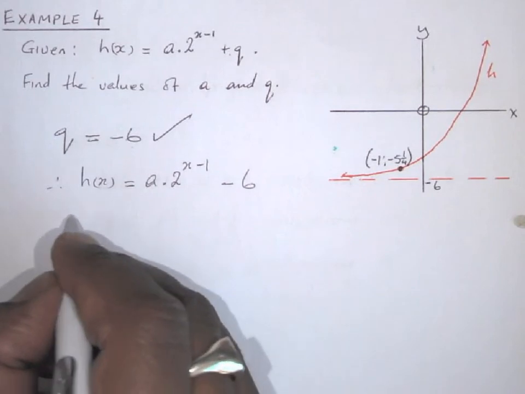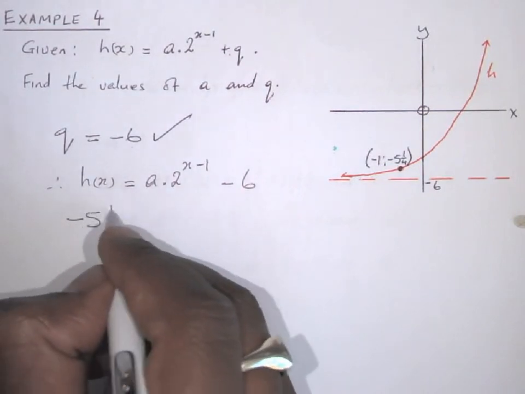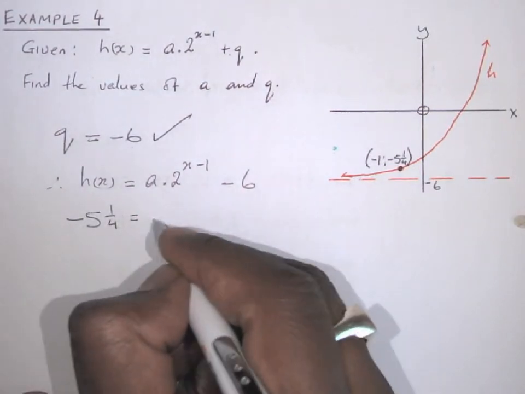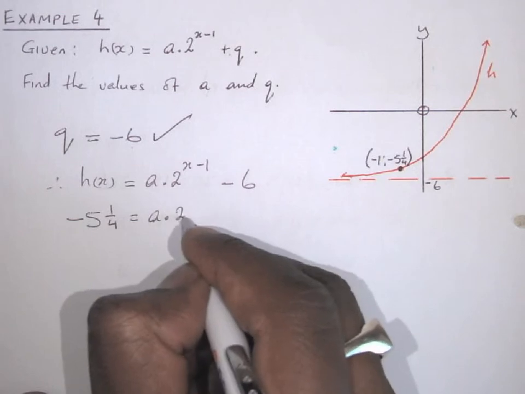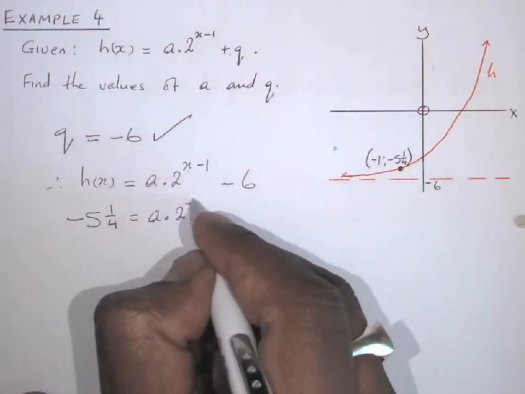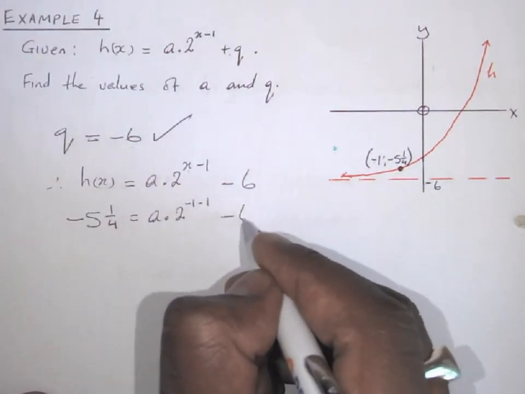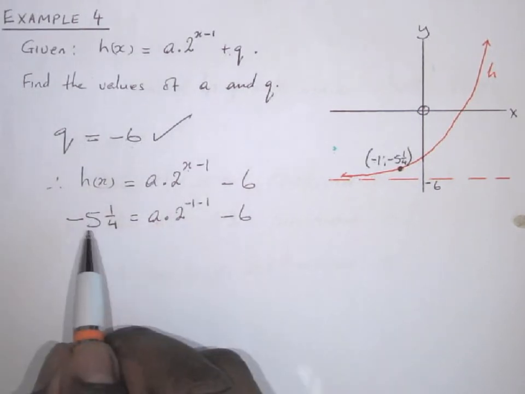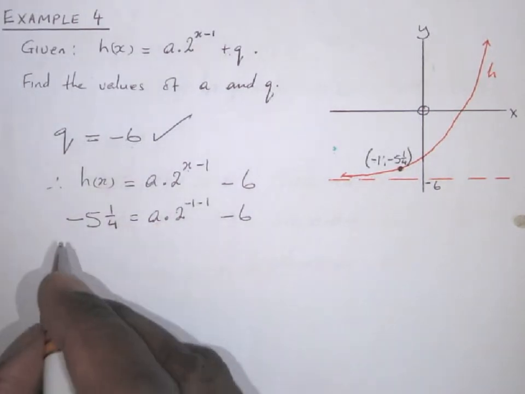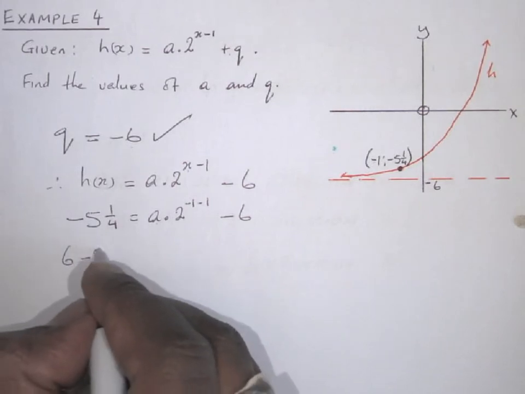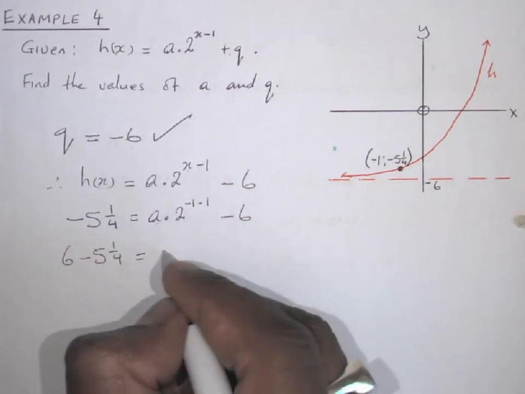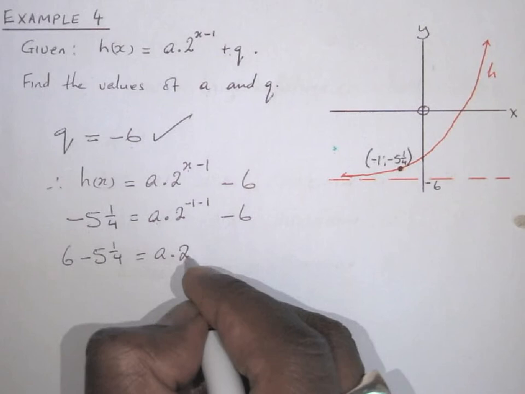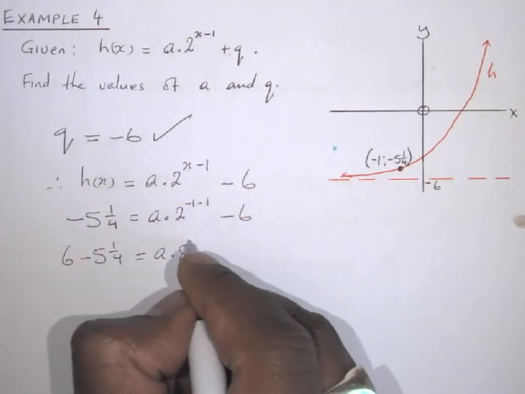Then substitute. So minus 5 and a quarter is equal to a times 2 exponent, and x is minus 1, then minus 1 minus 6. So I'm solving for a. I can take minus 6 across. So if I take minus 6 across, it becomes 6 minus 5 and 1 over 4 is equal to a times 2 exponent minus 1, which is minus 2.